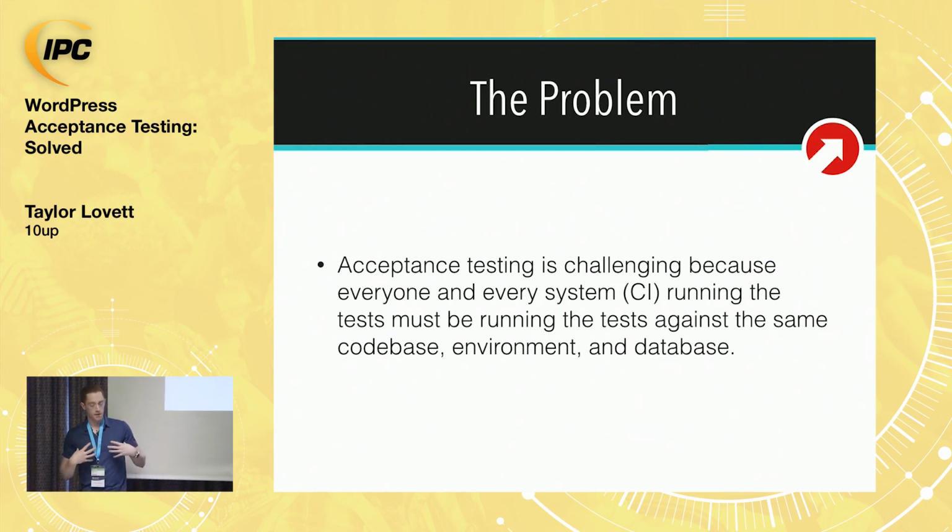If my colleague and I have different databases that we're running the acceptance tests against, we could very much get different results. The test might work for me and not work for him because he has a different database. So how do you solve that problem? Or maybe my colleague is running a different version of PHP in a different operating system or something like that. So now there's differences between our environments. How do we solve for that?